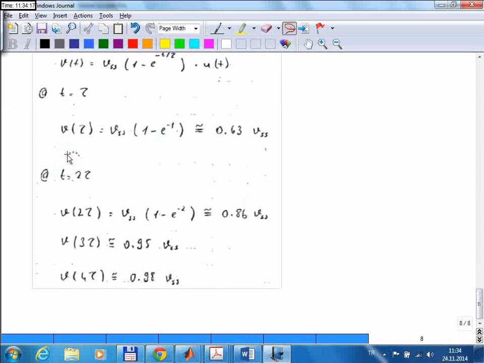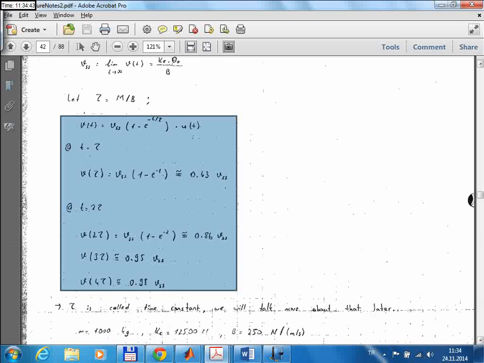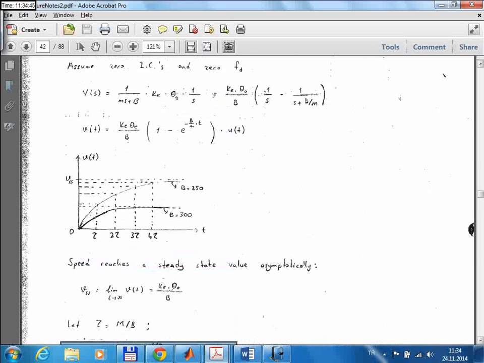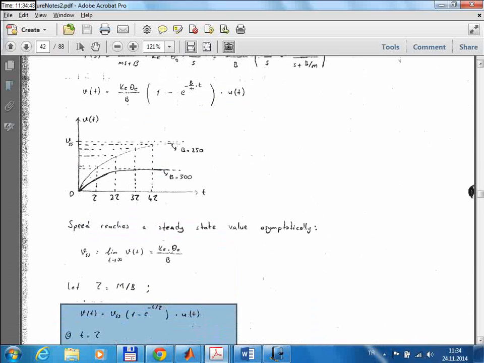The speed of the car at t equal to 2 tau becomes 0.86 VSS, because this 0.86 comes from 1 minus e to power minus 2. And similarly, the speed of the car at t equal to 3 tau becomes 1 minus e to power minus 3, and this part becomes 0.95. And at 4 tau it's 0.98. In the end, the speed of the car changes like that.